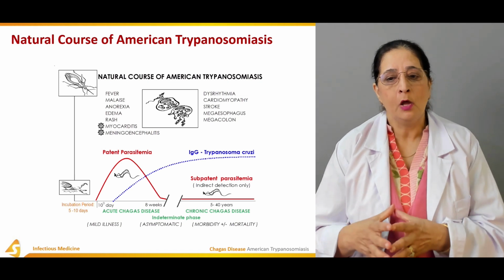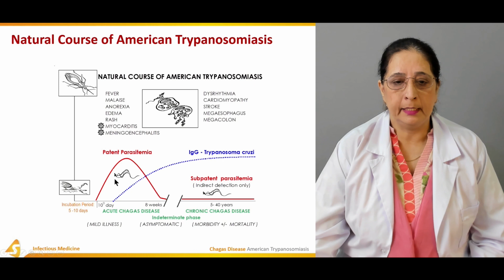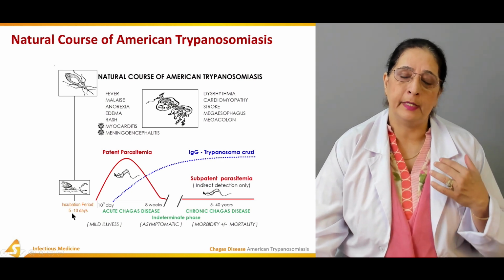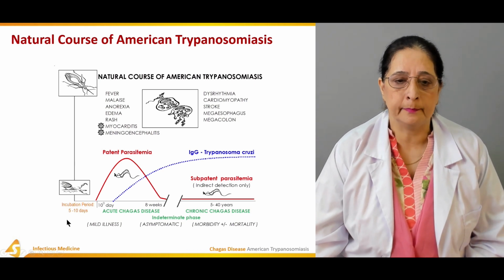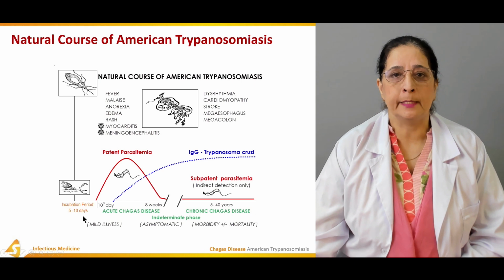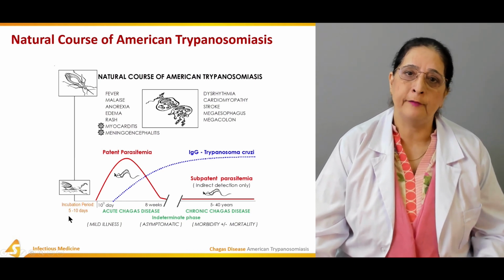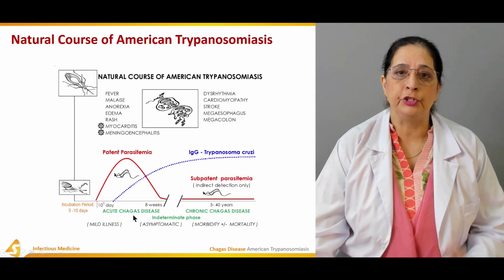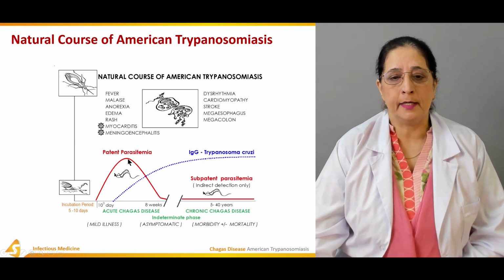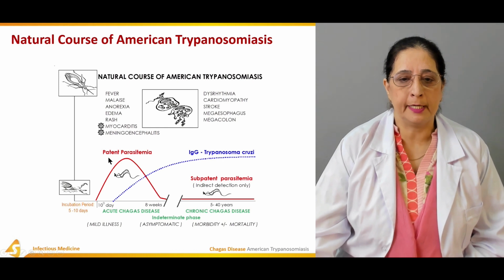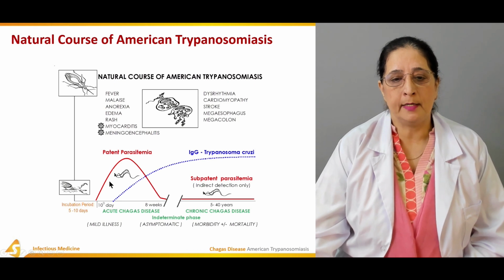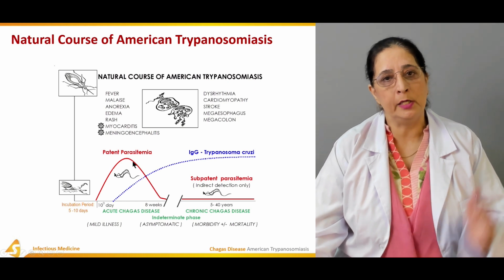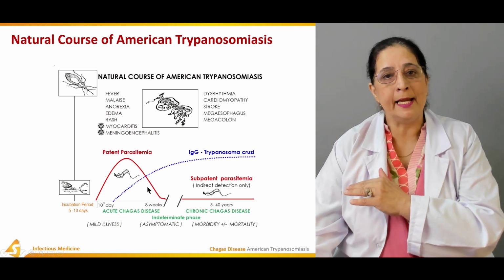Here, the incubation period from the entrance of the organism to the development of symptoms is about 5 to 10 days. That's the acute Chagas disease, and there is patent parasitemia in this phase. Here you can see a rise at around the 10th day, 5 to 10 days, and it slowly comes back by about 8 weeks.